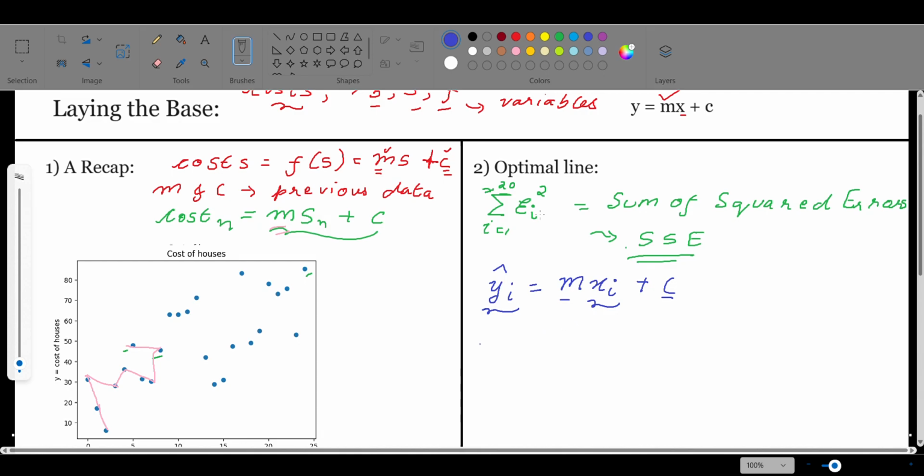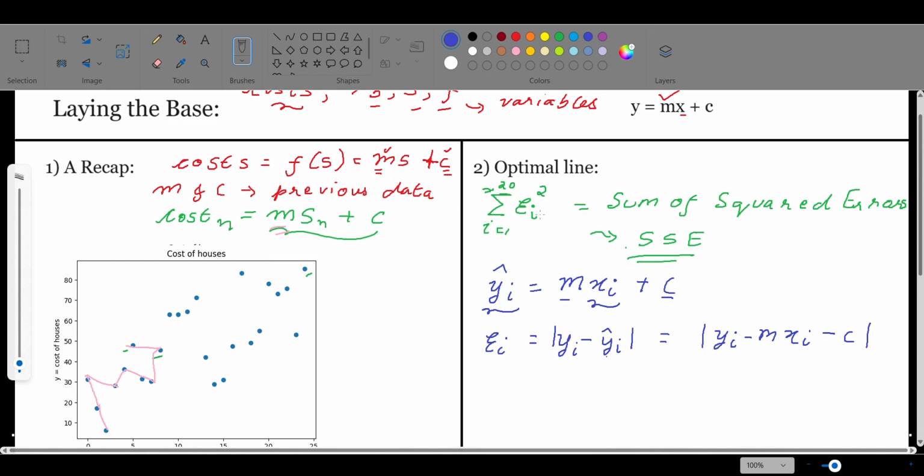This means that the error, or Ei, which is equal to, let me put the modulus here, yi minus yi cap, is equal to yi minus m xi minus c.